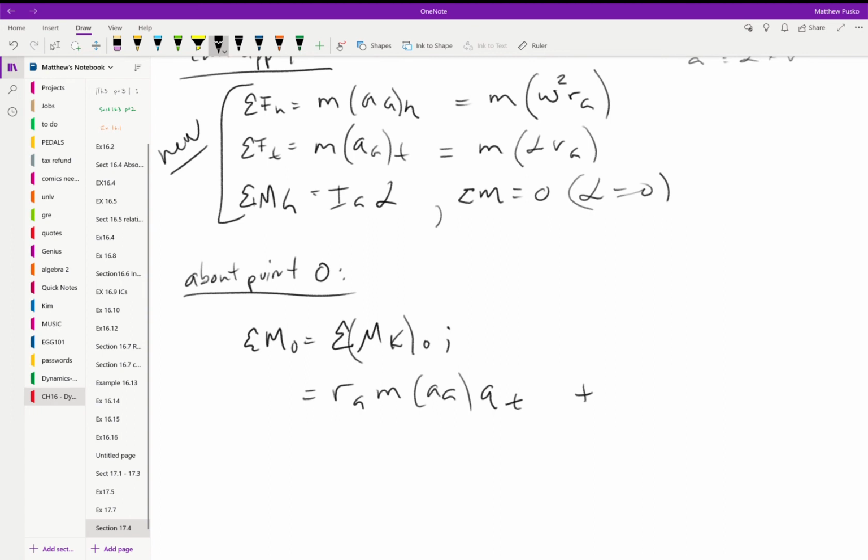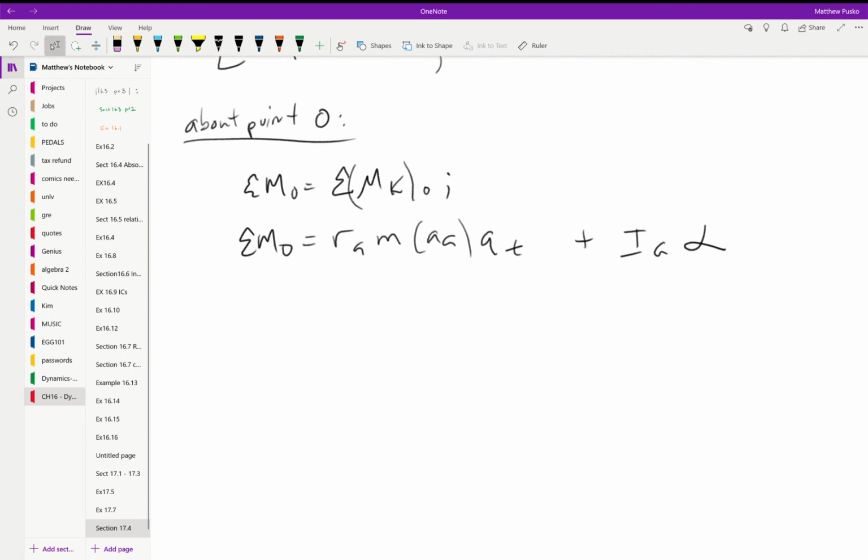Then we have to add an Ig alpha term. Okay, now here's the trick. We can rewrite the summation of the moments about O, rearranging these terms, to be Ig plus m r squared, all times alpha. Now this is the parallel axis theorem from, I think, section 1.